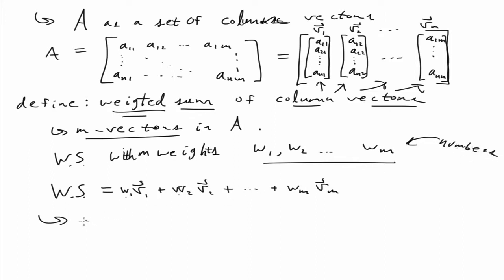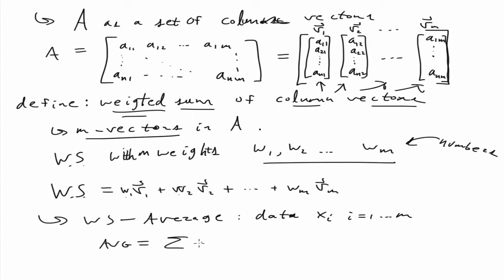Of course, the most classic weighted sum ever is called an average. You might remember that if you have some data, call them xi, from i equals 1 all the way to m, the average is the sum of all those numbers divided by m, the number of numbers.